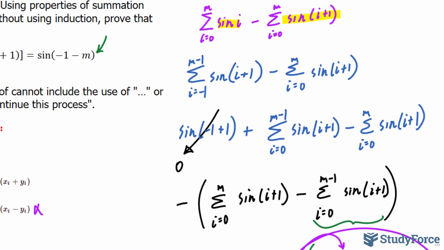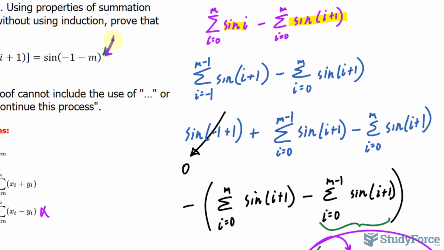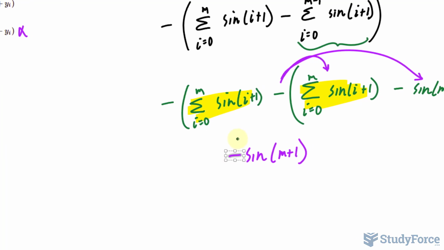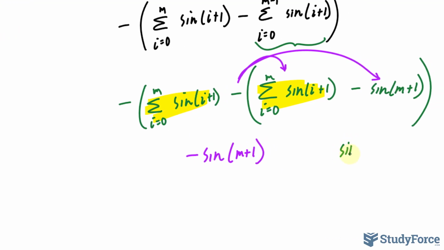This looks very similar to the right side. What we have to do, well, first I'll remove these parentheses and just place that negative next to the sine. I'll apply an identity, which looks like this. Notice that if the angle is negative, you can pull out the negative and make it positive, and it will mean the same thing. So I'll factor out a negative from m plus 1.